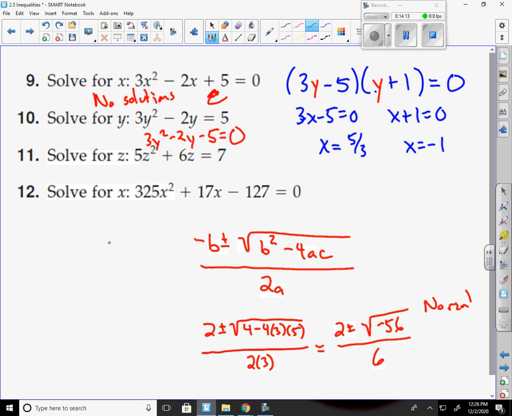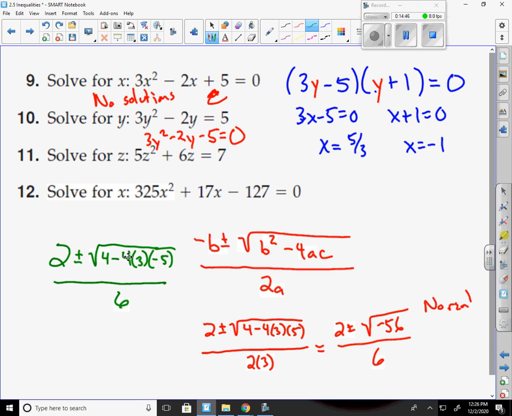Or we could do the quadratic, which is going to be pretty close to the same thing down here. Negative of a negative b gives me a positive 2, plus or minus the square root of b squared, which is 4, minus 4 times a, which is 3, times c, which is negative 5, all over 2 times 3, or 6.